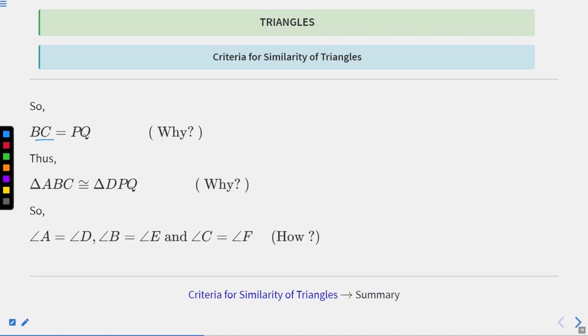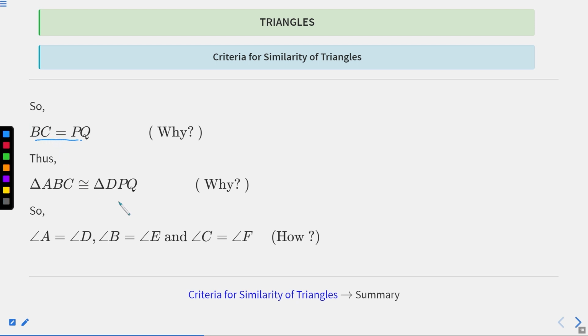So BC is equal to PQ, and thus triangle ABC is congruent to triangle DPQ. For these two triangles, two angles are equal, their corresponding two angles are equal, and one side BC is equal to PQ.